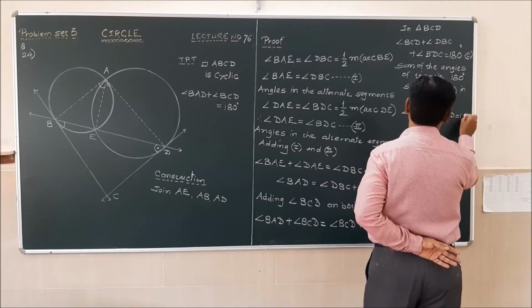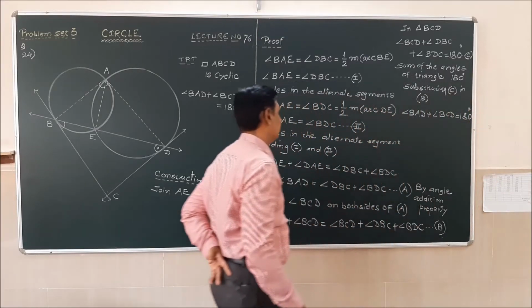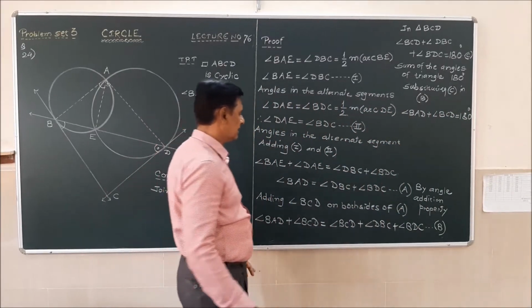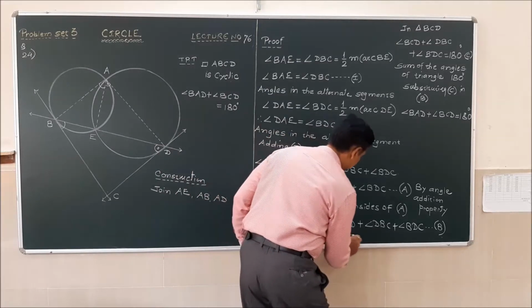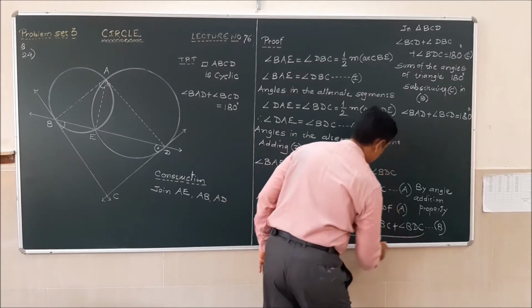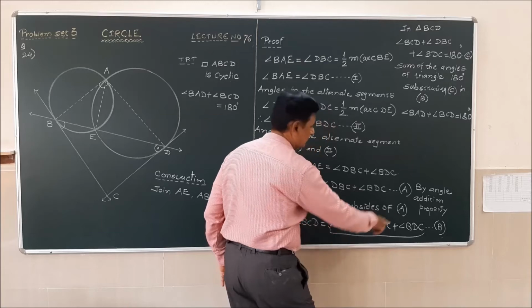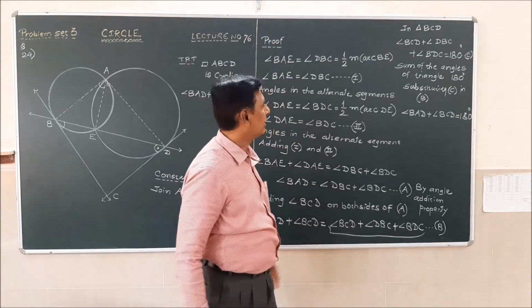But right hand side now becomes 180. The right hand side is nothing but this side, and the sum of all of these angles is equal to 180.